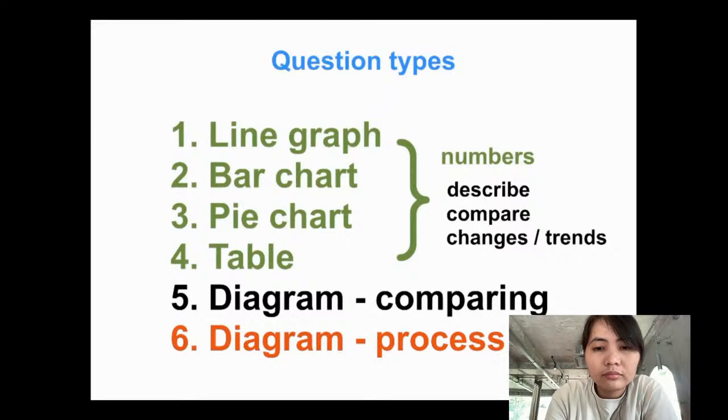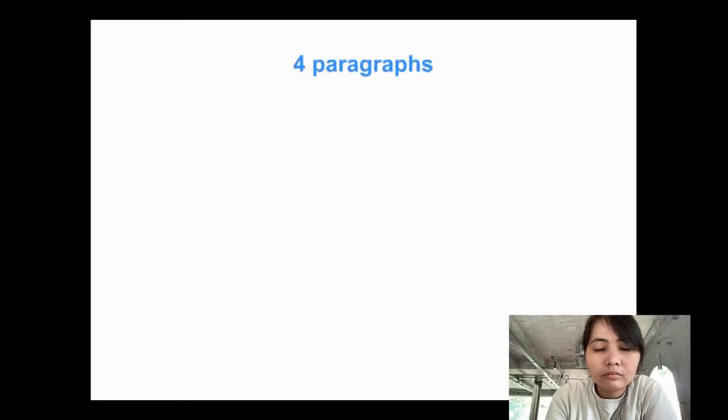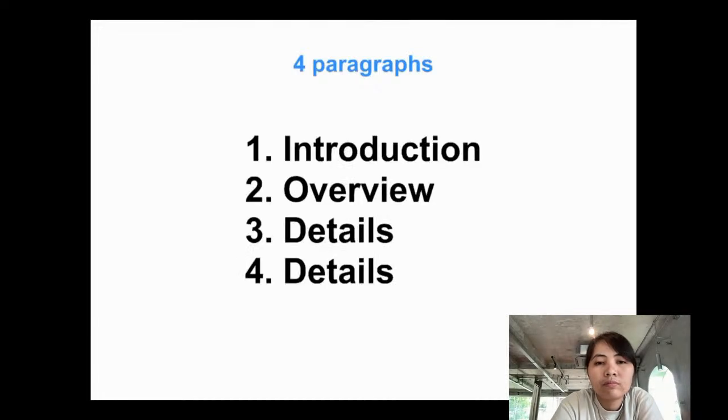Moving on from question types to essay structure. I'm going to show you now the 4-paragraph structure that I always use on my blog, my website, and with my students here in Manchester. If you've followed my blog lessons, you should already know this. Here are the 4 paragraphs that I suggest. Introduction, overview, which you can call summary if you want.